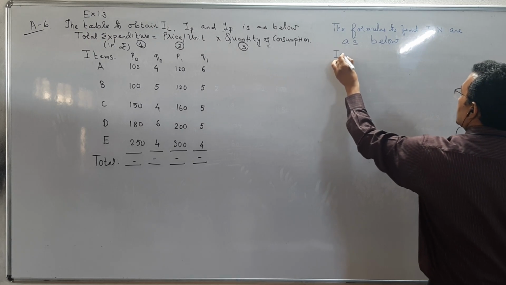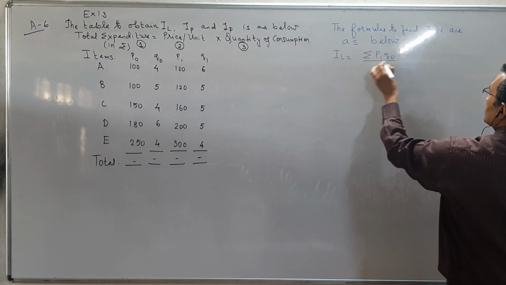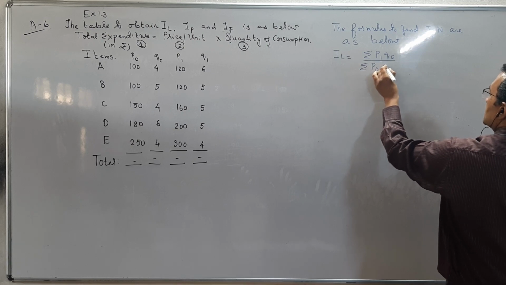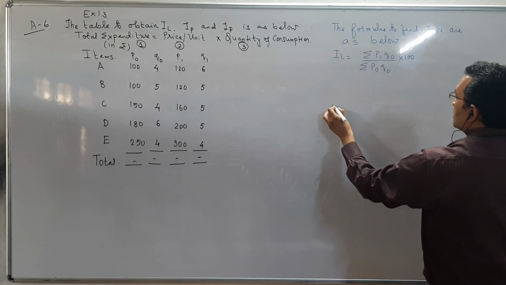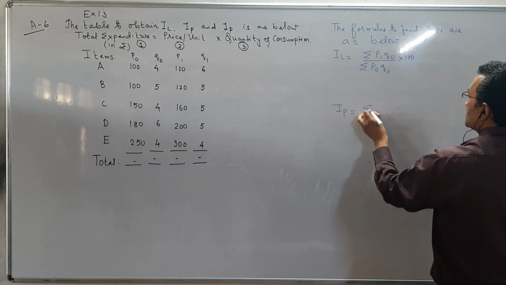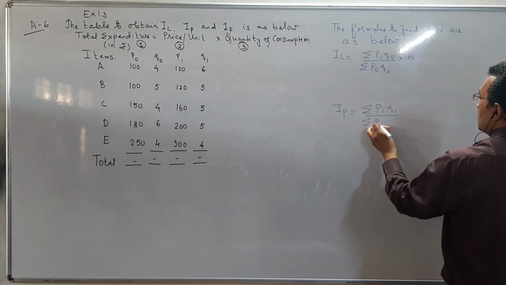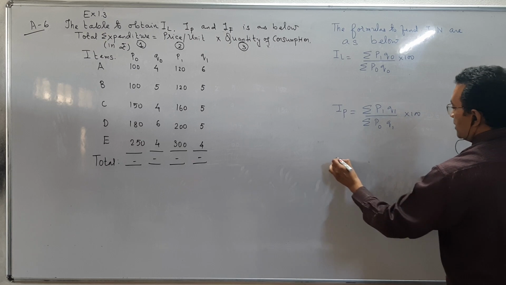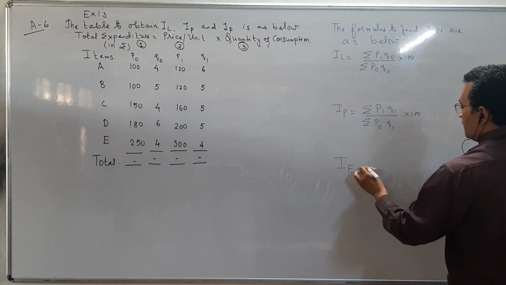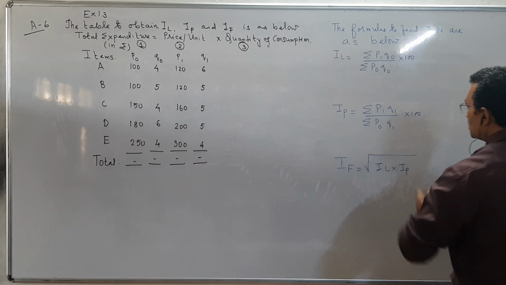First we will write IL, sigma P1 Q0 upon sigma P0 Q0 into 100. Then IP, sigma P1 Q1 upon sigma P0 Q1 into 100. Then IF is root of IL into IP.